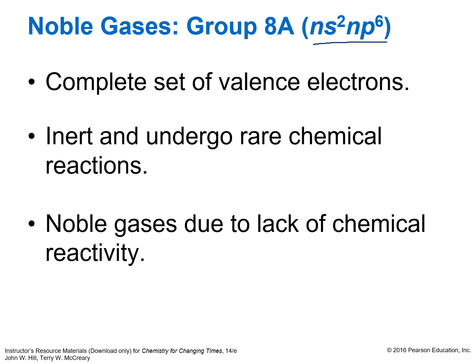That's the reason they don't want to share or give away their electrons. They are happy the way they are, and that's why they are also called inert gases. They undergo rare chemical reactions and have very little chemical reactivity.